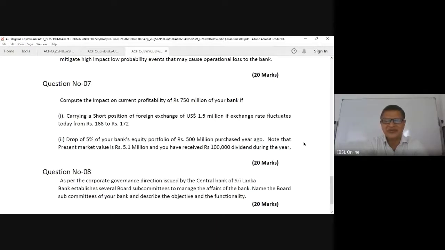We have nostro vostro accounts, all those taken care of, and at the end of the day we convert all those currencies into US dollar mid and then arrive at the US dollar position of the bank. Now this position can be either credit or debit. If it is credit, that means we hold our money at various bank accounts and our total is in credit, that means we have a long position.